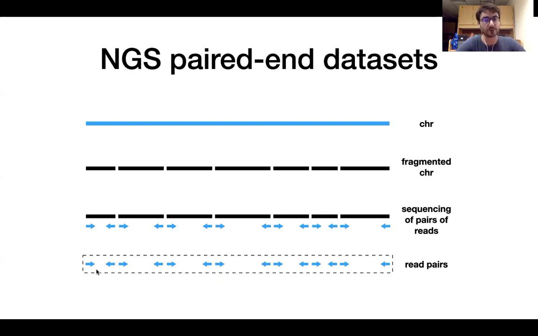So every information about the original chromosomes or even just the fragments that produce the reads is lost. And what we are left with is just these pairs, a very large number of them. When we sequence a human genome, we often end up with hundreds of millions or even billions of these pairs, but that's it.